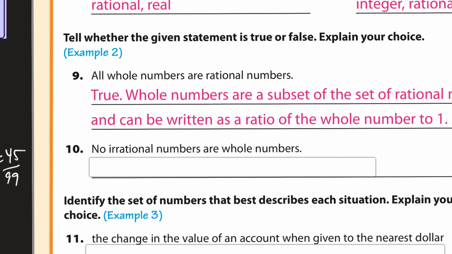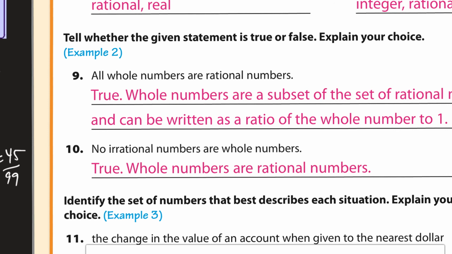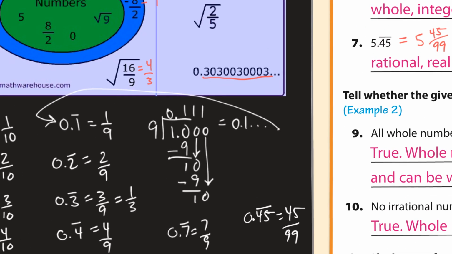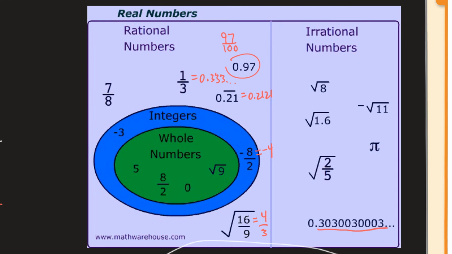Oopsie. What just happened? Sorry about that. The whole numbers are rational numbers. Yeah, the whole numbers are definitely rational numbers. So we have this here, no irrational numbers are whole numbers. Yeah, the whole numbers are definitely within the rational numbers and not the irrational numbers. We got that line going right there.